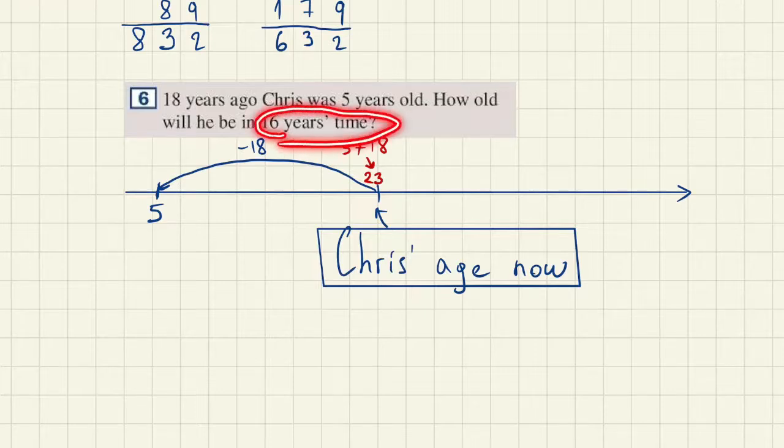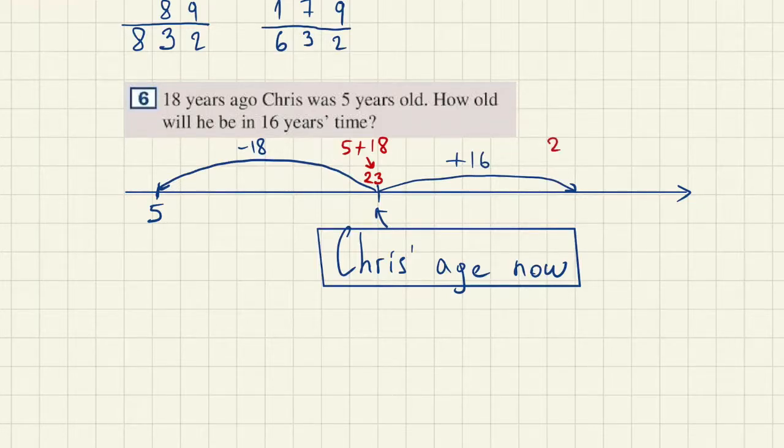So we go from 23, we go plus 16. 23 plus 16 is equal to 39. And this is the answer to this question.